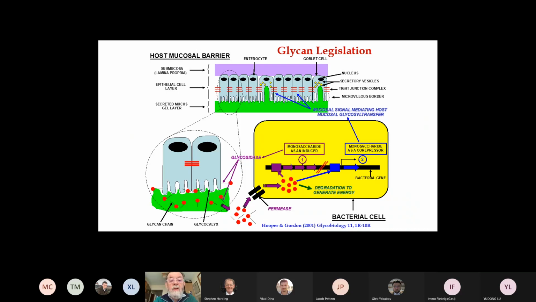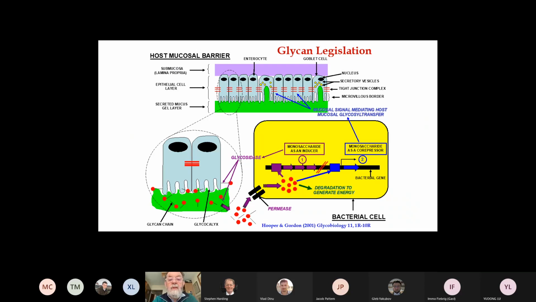Part of those monosaccharides, which are digested by the glycosidases, will be picked up through the permeases and taken up by the bacteria. They then use some of that for energy production, but it can also switch on the genes which produce and secrete the glycosidases.